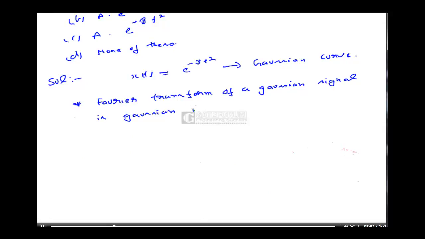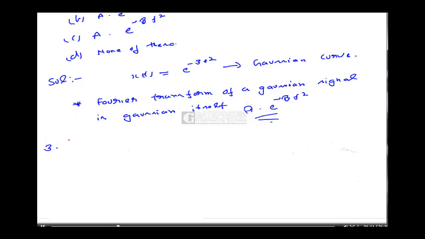So my Fourier transform will be of the form a e to the power minus b f square. Understood? The important point here is to know how the Fourier transform of a Gaussian signal looks. Once we know that, we can easily find the option.